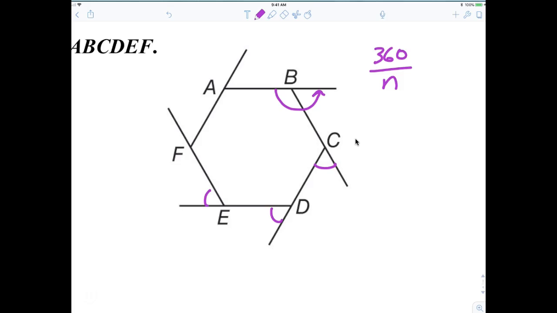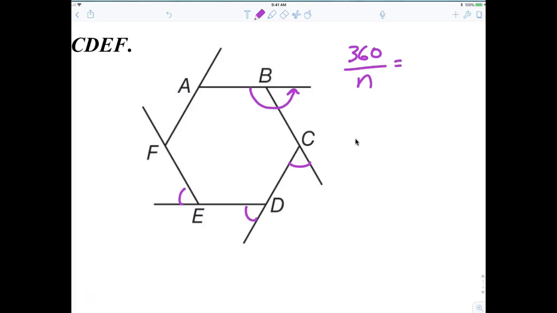Now keep in mind that 360 divided by n is equal to the exterior angle. Please look up, because some people for some reason can't see this, which means your algebra skills are a little weak. I also want you to say that 360 divided by the exterior angle is the number of sides.